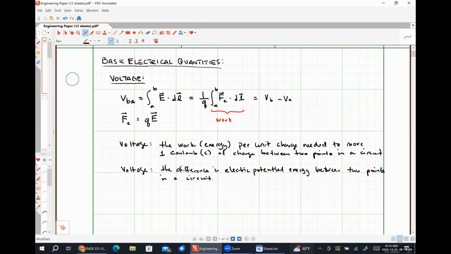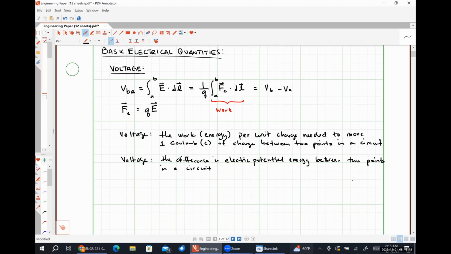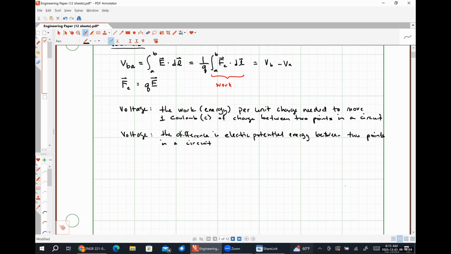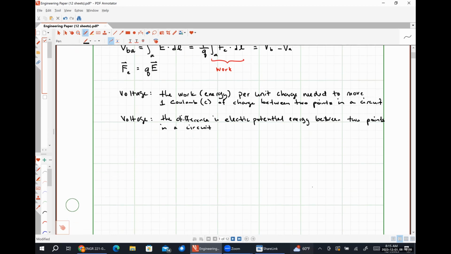All right, so we've talked conceptually about what voltage is. Now let's talk a little bit about how we are going to represent it in circuits, okay? So I'm going to start with a generic circuit element.